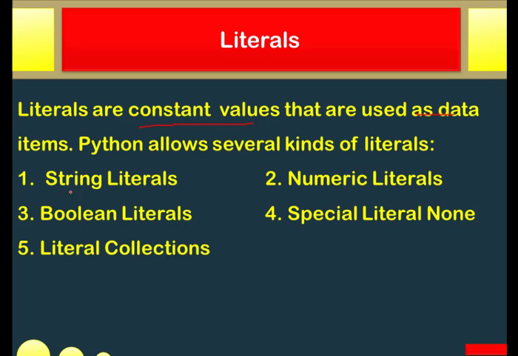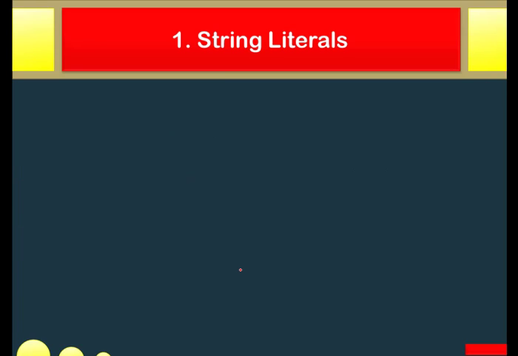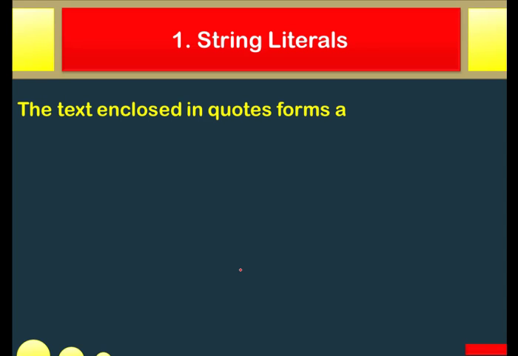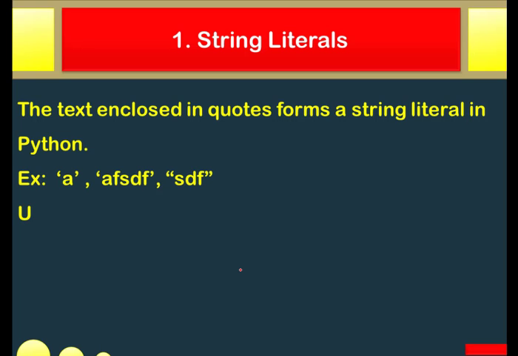So types of literals: string literal, numeric literal, boolean literal, special literal, None, and literal collection. We are going to learn about them one by one. Under literals we are going to learn first the string literal. The text enclosed in quotes forms a string literal in Python.